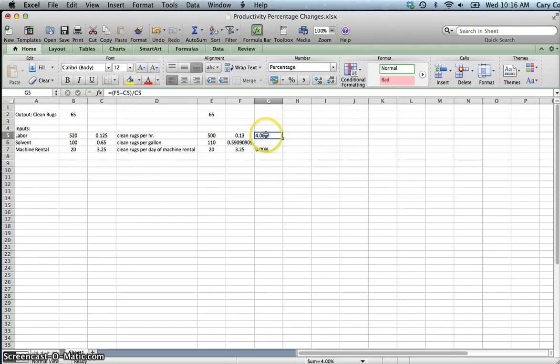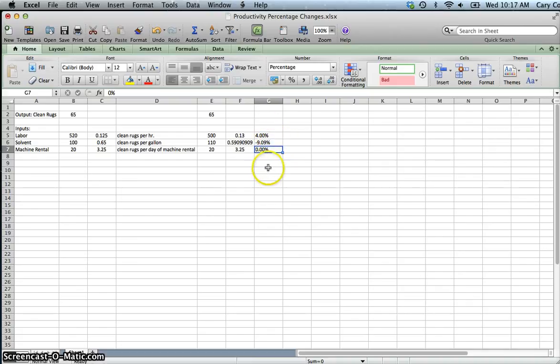So we improved by 4%. We can do the same thing here. Of course, here we went down, so you're going to end up with a negative number. So you take the new productivity measurement minus the old one. That's going to give us a negative number, which is fine. And then, of course, our reference point, our starting point to compare to, we divide by that. And so we actually went down 9%.